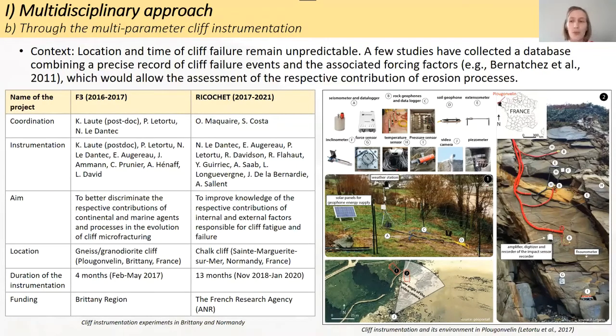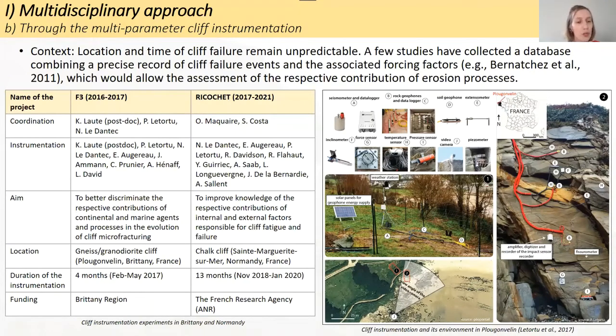However, even with a database, unraveling the contribution of the factors is difficult, partly because there is a variable time lag between the forcing signature and the failure event, complicating the identification of correlations.